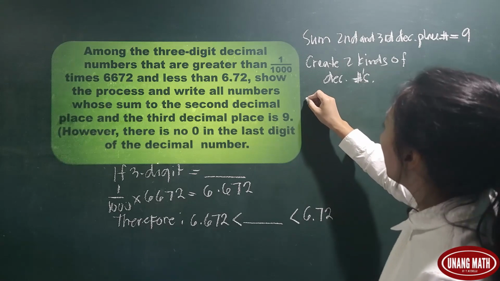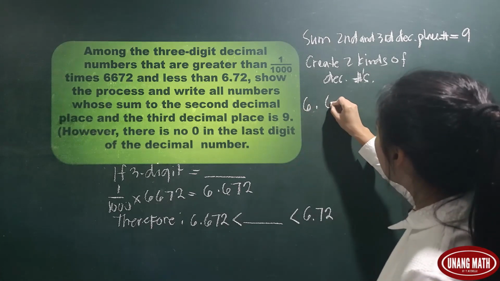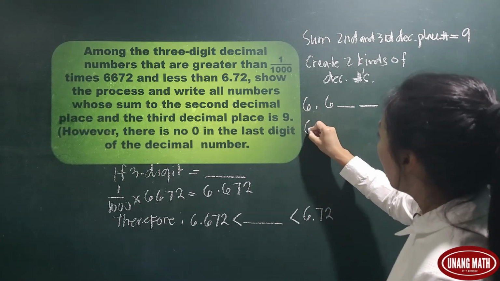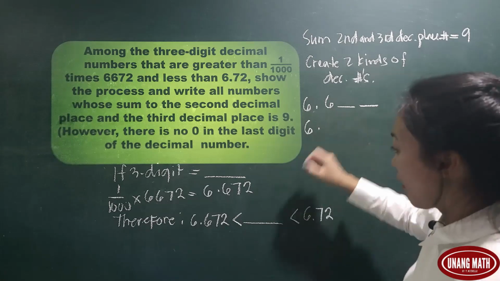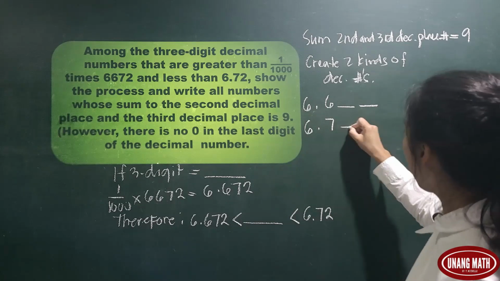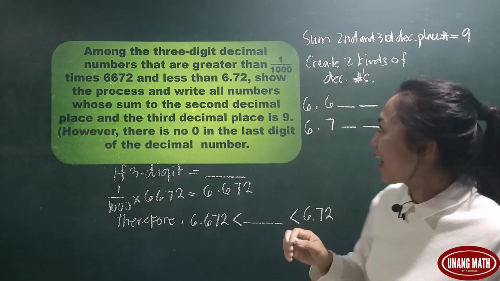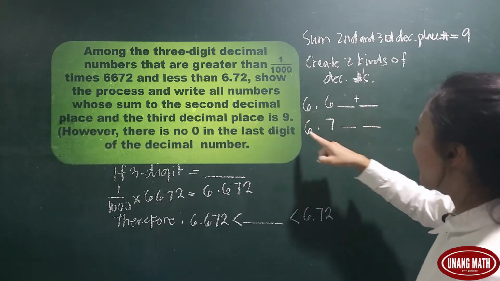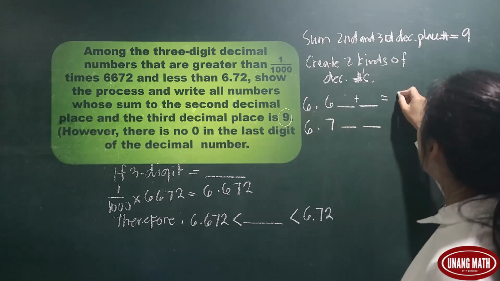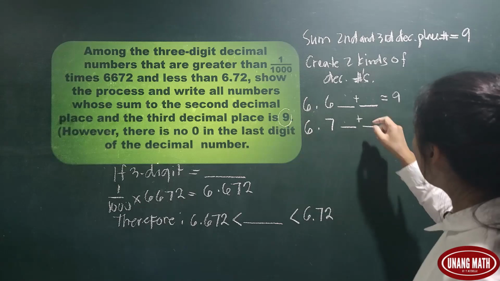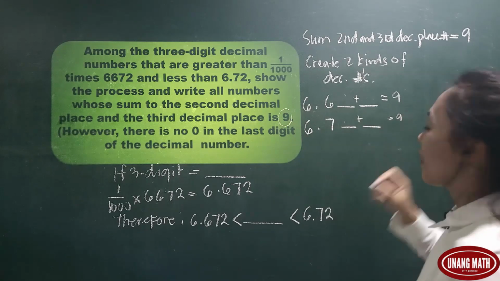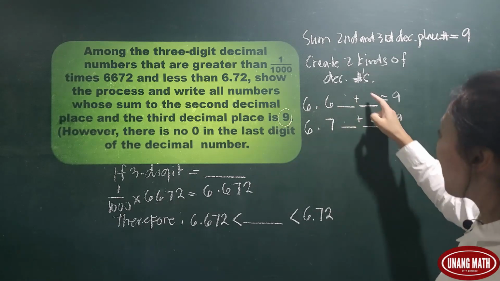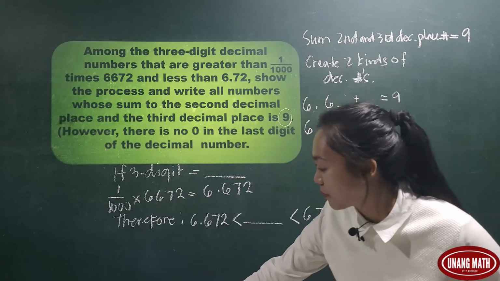Una, we have 6.6 blank and then blank. Pangalawa, 7 blank blank. Tandaan, ang number na ito at ang number na ito kapag inadd, the answer is 9. So alamin natin kung ano ang mga numbers na magsasatisfy dito.